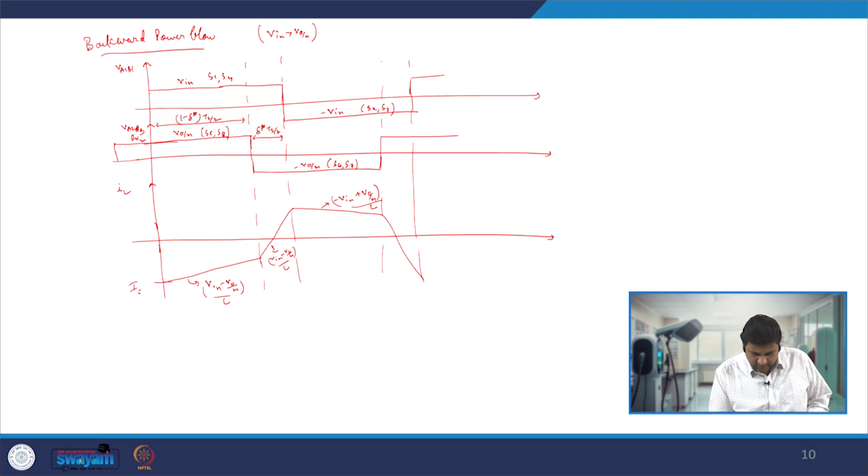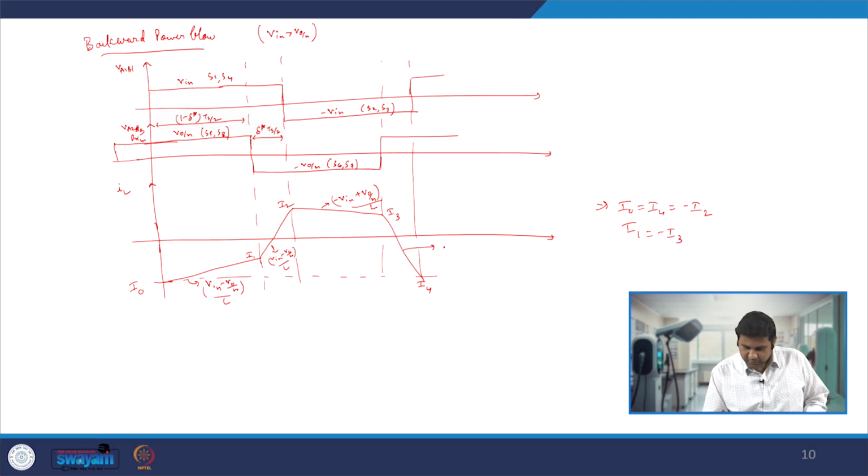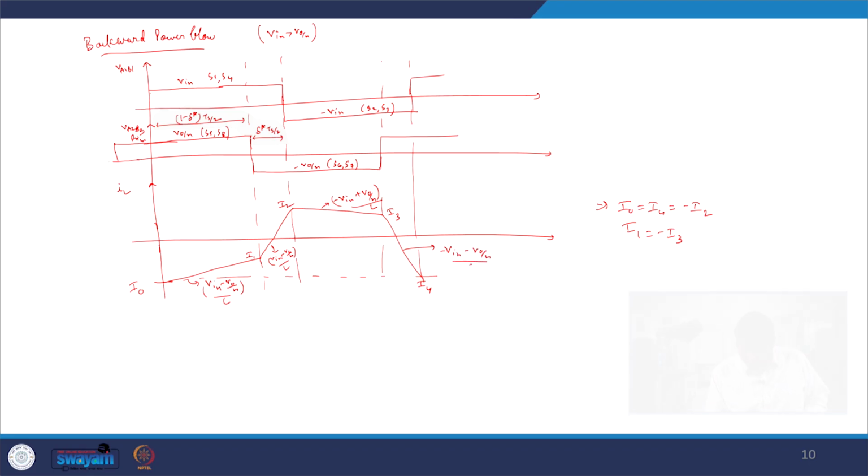This is I naught, this is the same as I4, and this is I1, this is I2, this is I3. Here also we have the same thing: I naught equals I4 equals minus I2, and I1 equals minus I3. And during this point we have a minus V in minus V naught by n, by L slope.